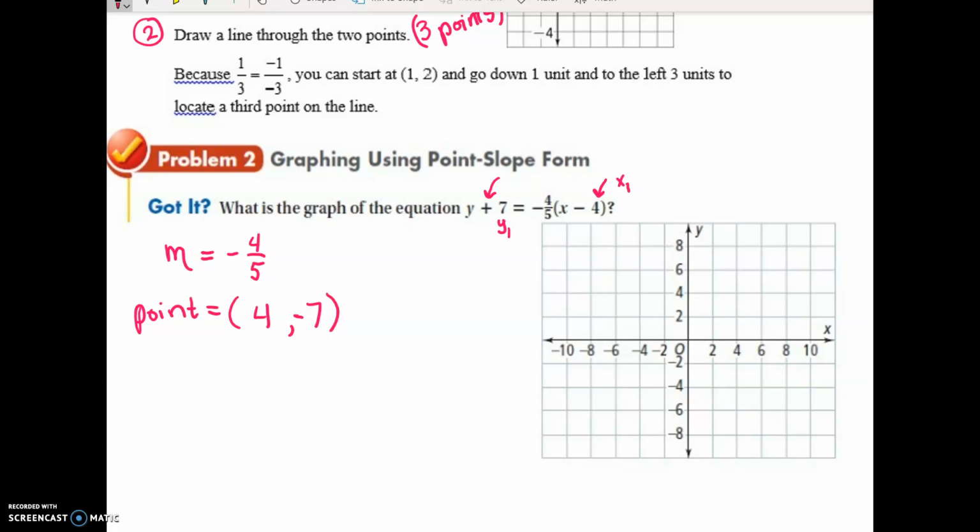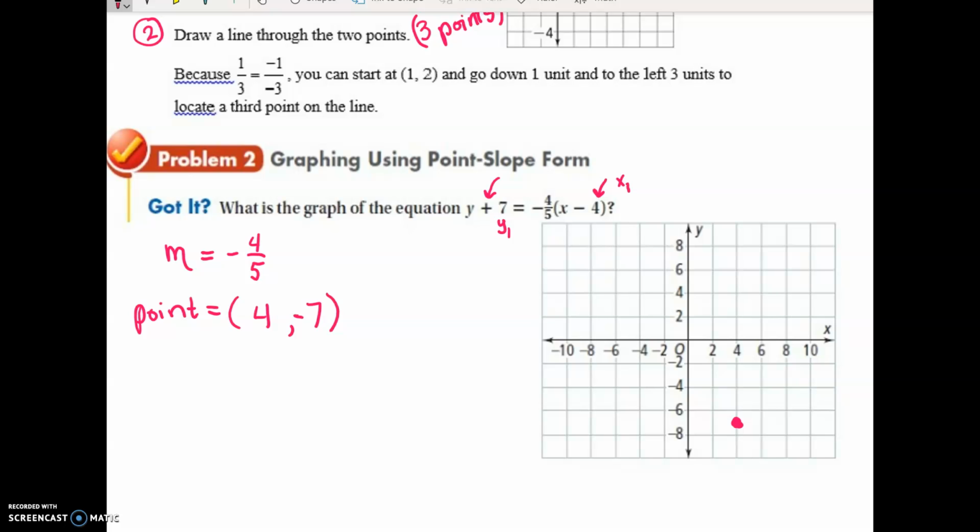I find it a little more difficult to do this with a graph that has a different interval, especially when it's -7. It doesn't work out as nicely, but we'll just have to deal with that. So here is where I would have 4, -7. And then I'm going to need to do my slope.